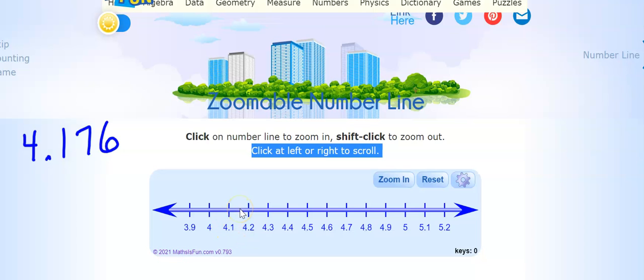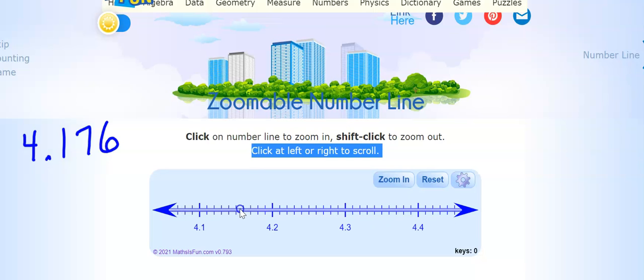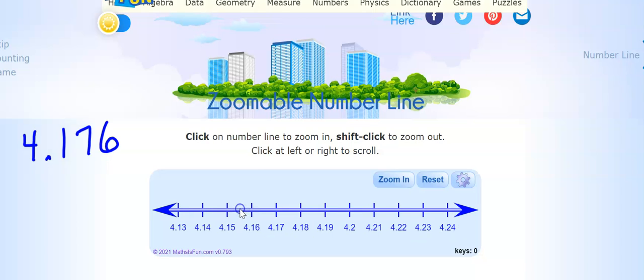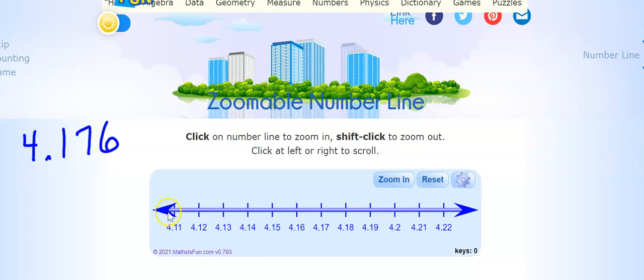So let's zoom in between 4 and 1/10 and 4 and 2/10. So now I have 4 and 1/10 and 4 and 2/10.